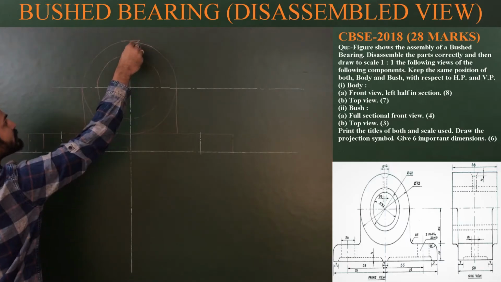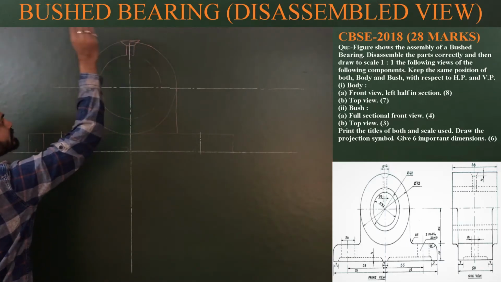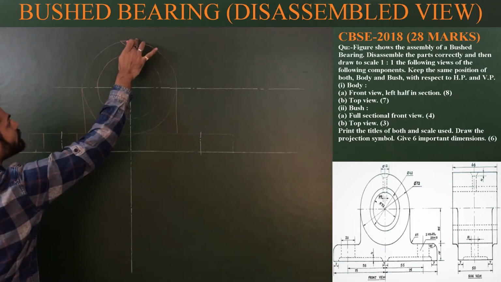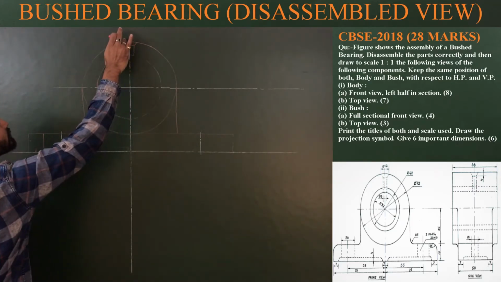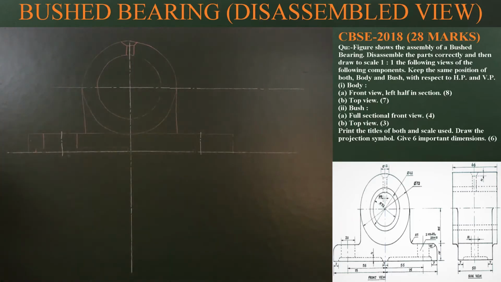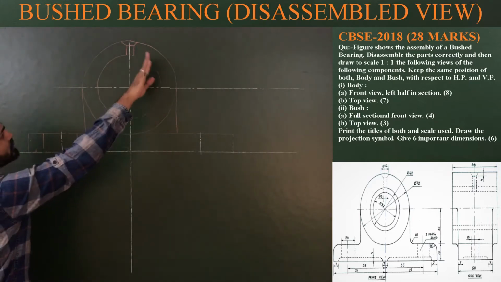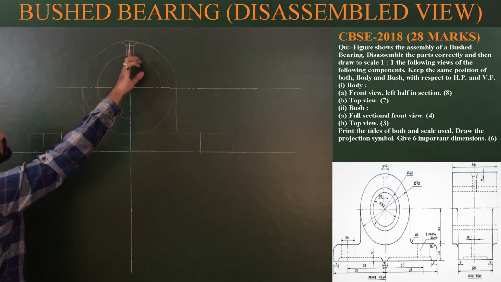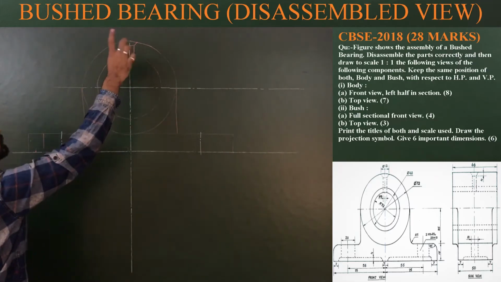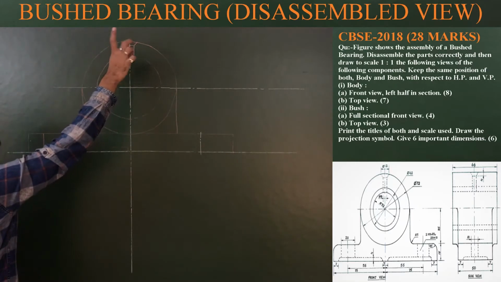Then from these 2 points draw lines like this. So this is the upper part of the oil hole. Now again in the oil hole we don't have to show the right portion, so if you want to draw it initially you can, but finally we don't have to show these things.